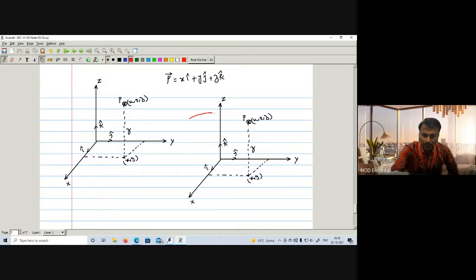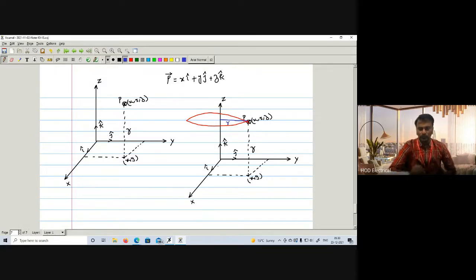The radius will start from the center, that is the axis, to the point. So this point will be at radius r meter.